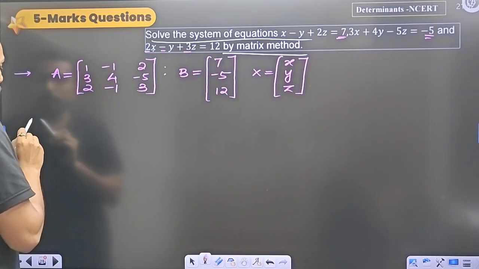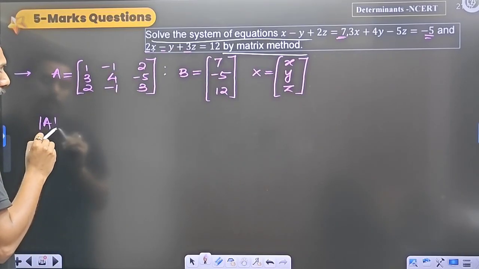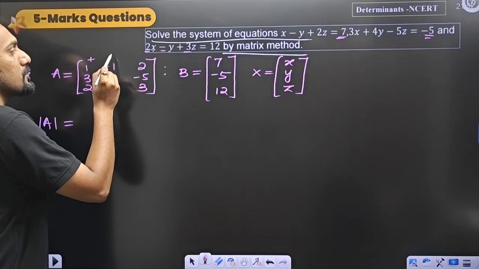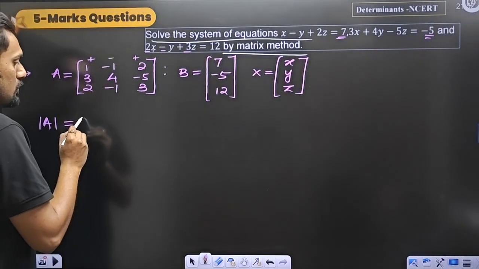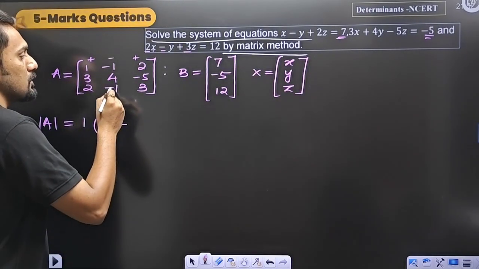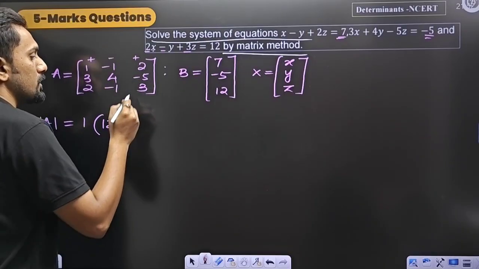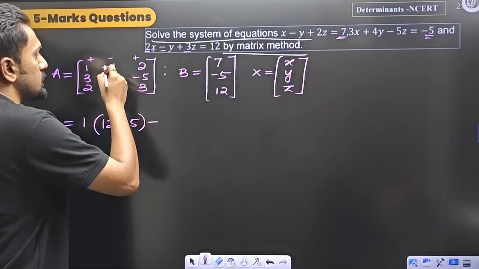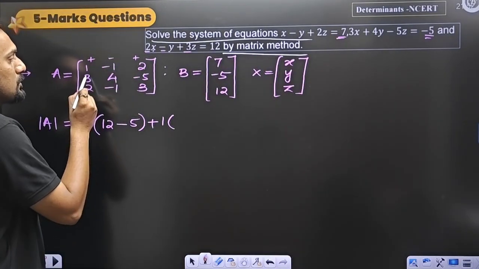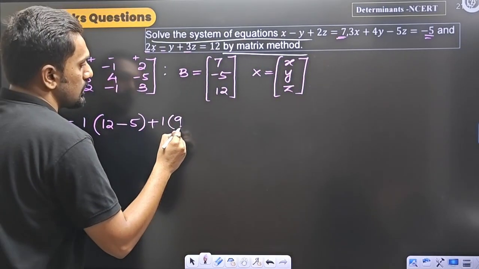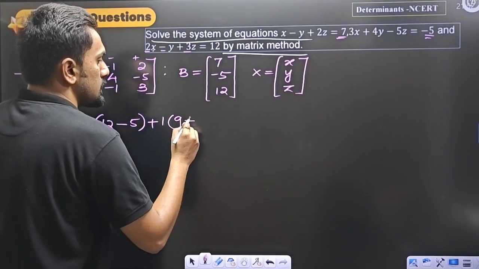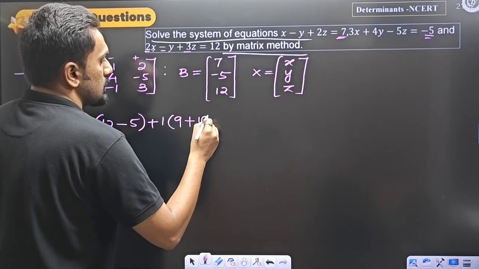Okay, so let us begin with the first step, that is det A. Det A is equal to, let me expand this determinant by using the first row. 1 multiplied by 4 3s are 12 minus 5, that is 7. Then minus into minus plus 1 into 5 is 5; if I delete the first row and first column, then it becomes 3 3s are 9 minus 2 into 5 is 10, that is minus 10, and this minus and that minus become plus 10.